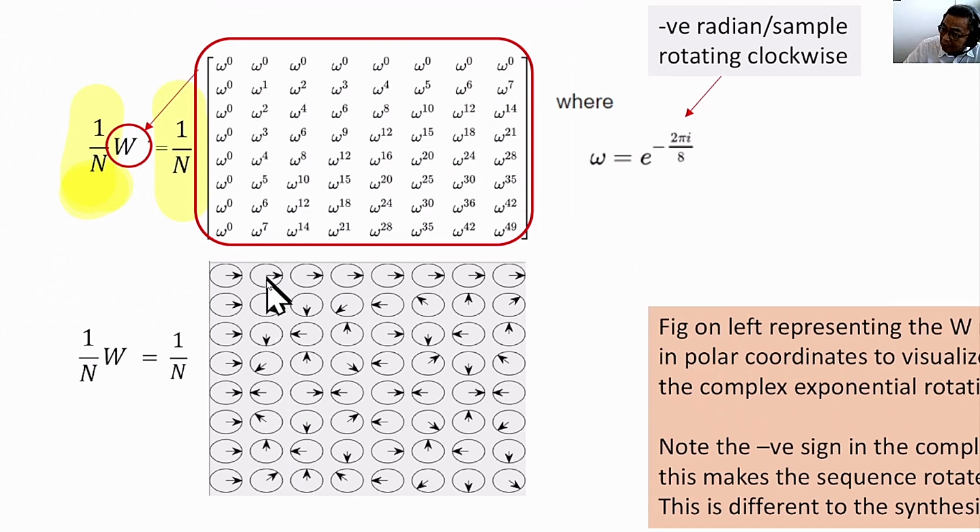So this is rotating in the clockwise manner, but W bar is rotating in the anti-clockwise manner. Again, we are using the fundamental frequency as 2 pi divided by 8. That means we take 8 samples to rotate 1 complete cycle.